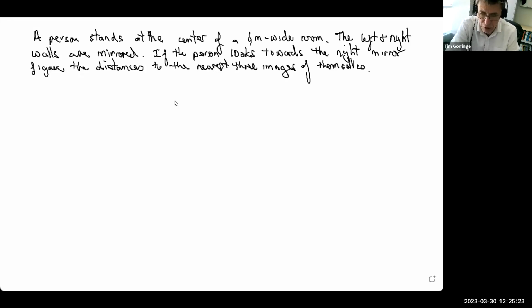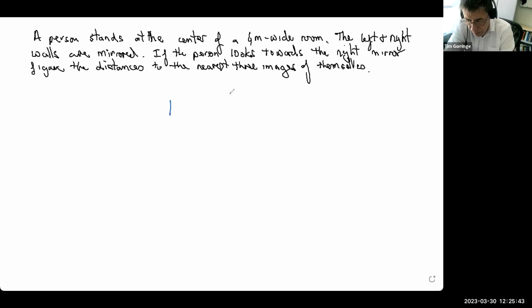They get increasingly complicated in the sense of more and more reflections, but each individual reflection is just governed by the fact that the image is the same distance behind the mirror that the object was in front of the mirror. So let's first start with the first image.